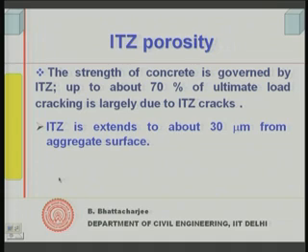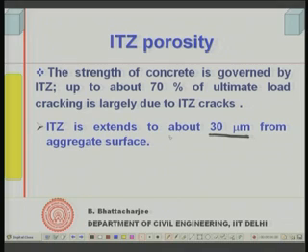I also mentioned that ITZ extends to about 30 micron from the aggregate surface. In fact, it would be, you can say, half the cement diameter, close to that or slightly more than that, because cement particles will get packed near the aggregate boundary. This is aggregate, these are cement particles and they are packed.